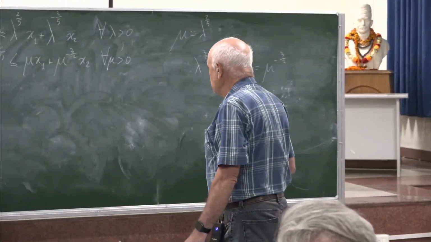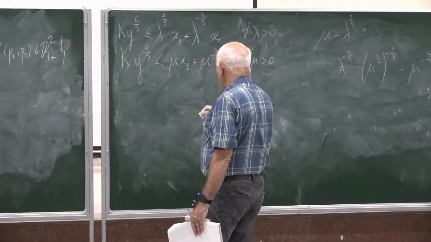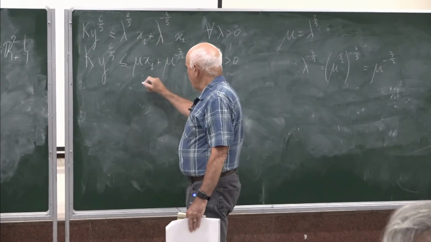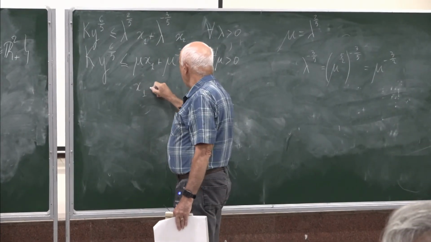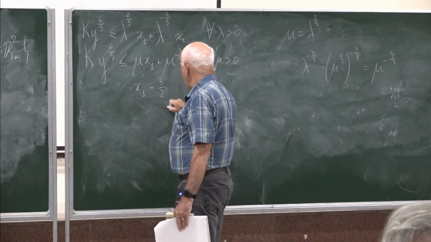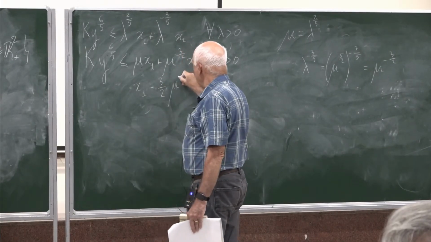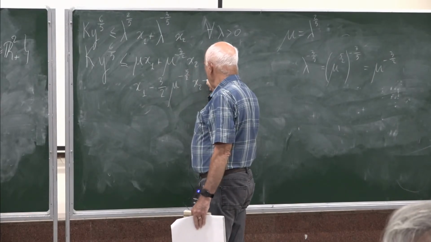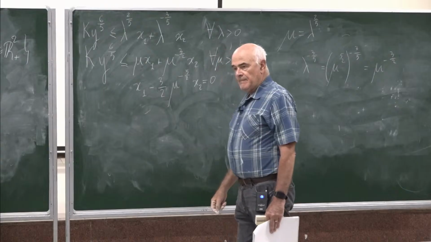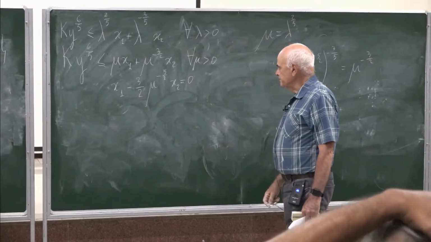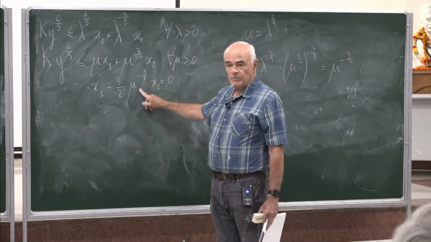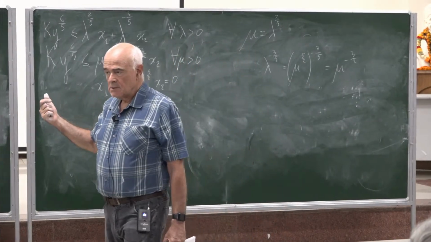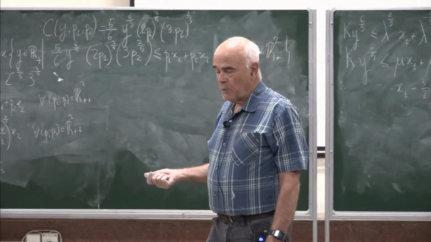So let's do this. I take the derivative with respect to mu. And I solve for mu. This is the optimal mu in the right-hand side, okay? Because our function is convex, every stationary point is a global minimum.